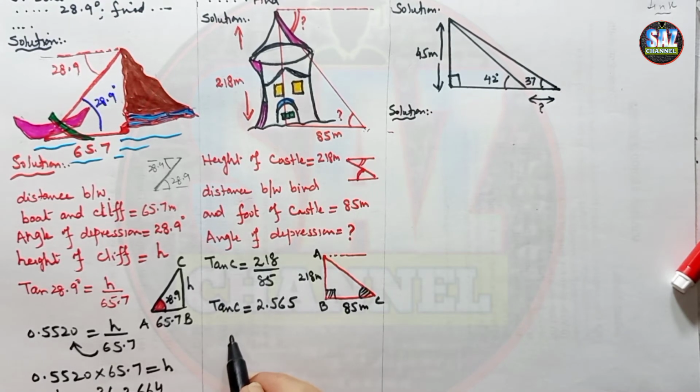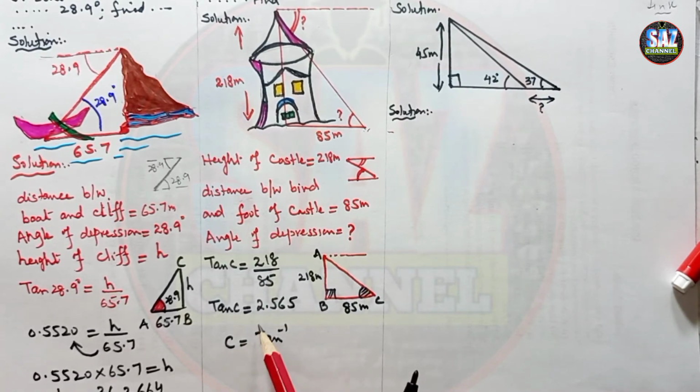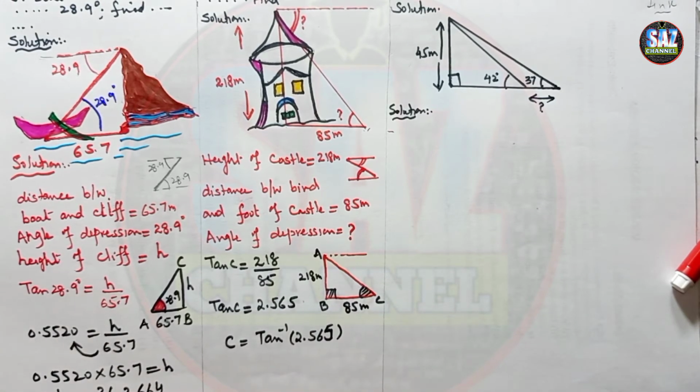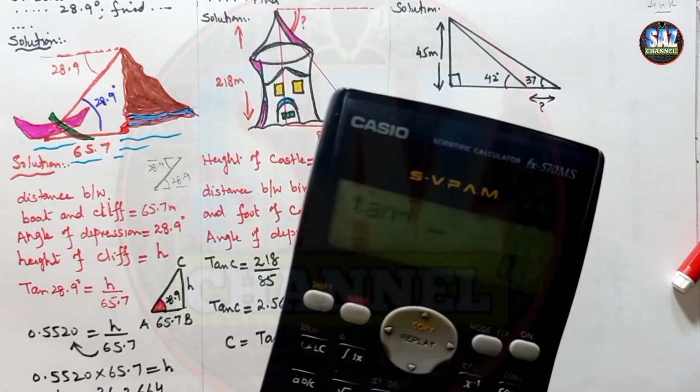Okay, and now C equals tangent inverse. Let me reconfirm this value. 2.564 and 7, next is 7, that's why I'm taking it 2.565. Now I have to press the shift key, then the tangent key, and the display will have tangent inverse. I hope you can see this.